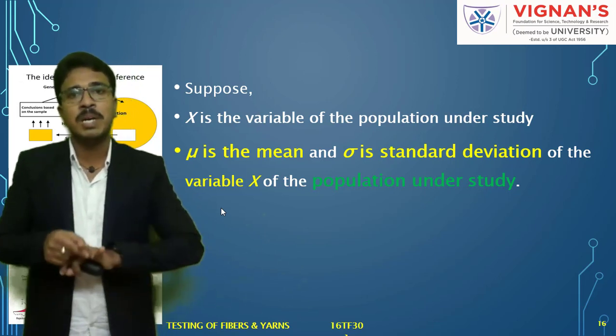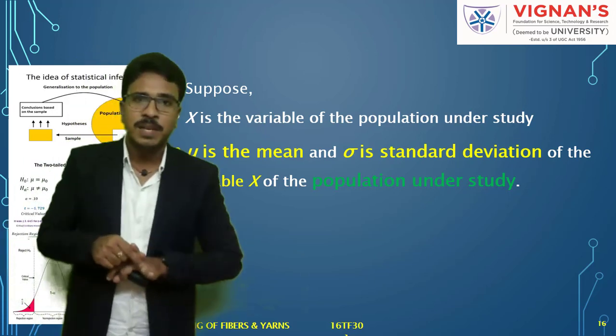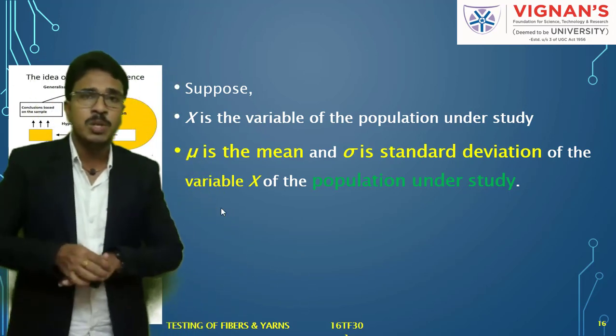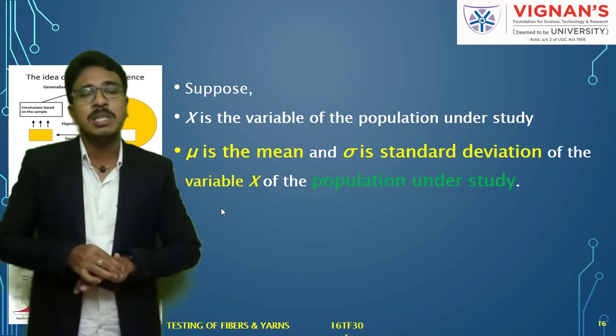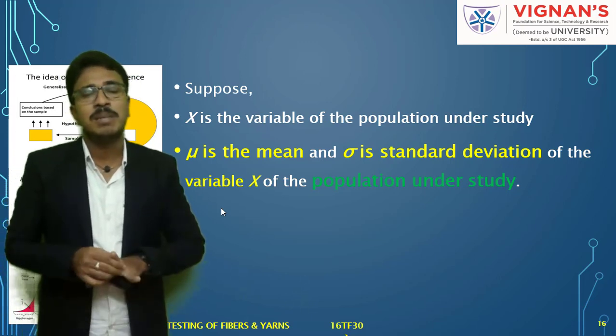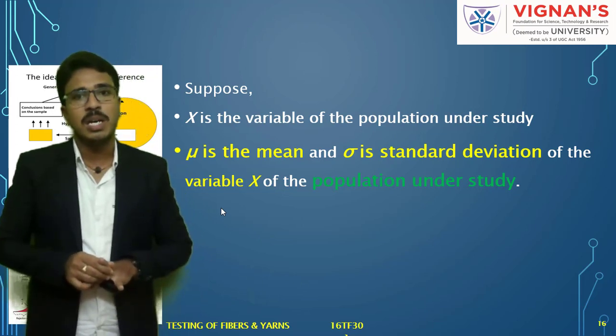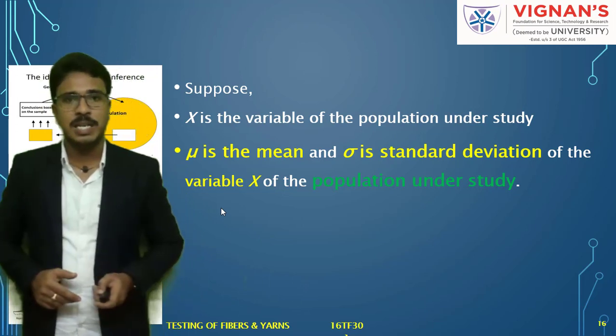These are the notations we are giving, so they are very important. That's why I am repeating it again. Mu is nothing but the population mean. Sigma is nothing but the standard deviation of the population, which we are studying.